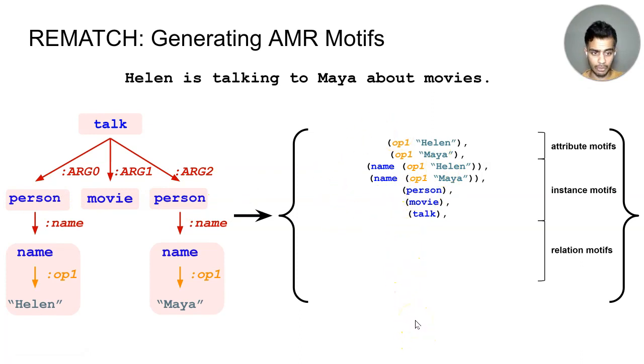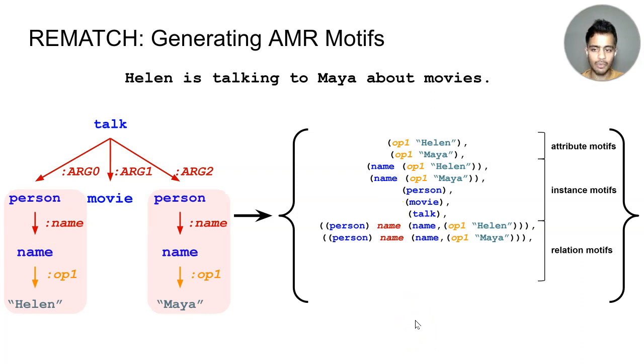And the last are relation motifs. Again, this is a nested motif which combines three things. It combines the source instance motif, the relation edge label, and the target instance motif. So the source instance motif is person, which is basically the one that we generated in the previous step. Then comes the relation edge label name. Then comes the target instance motif, which also includes the attribute motif attached to name.